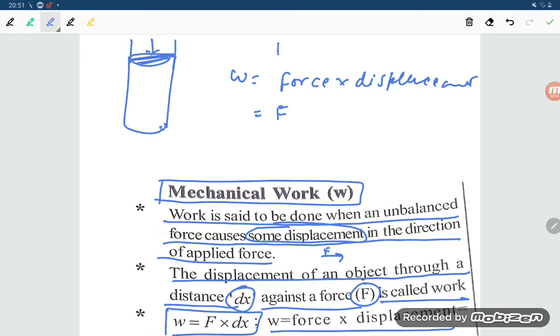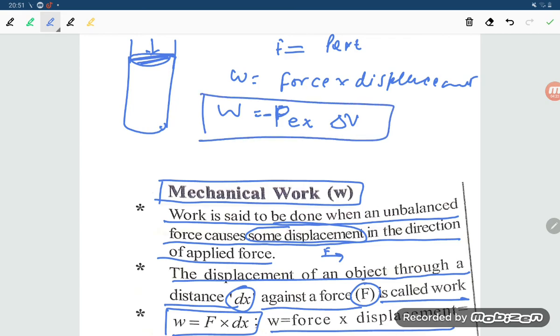Force is pressure per unit area, so force is equal to P external. Displacement is the change in volume. So W is equal to P external times delta V, and we have to write the negative sign because we are applying force from the outside. So W is equal to minus P external delta V. This is all about mechanical work, student.